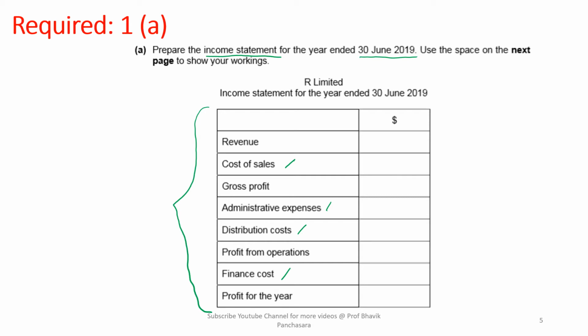So I have shown these as a working note, cost of sales as a working note 1, admin expenses as a working note 2, distribution cost as a working note 3 and finance cost as a working note 4. Let us see all these working notes.